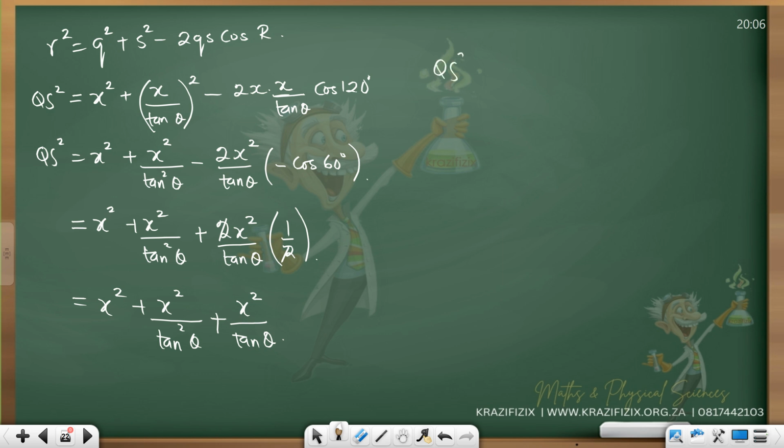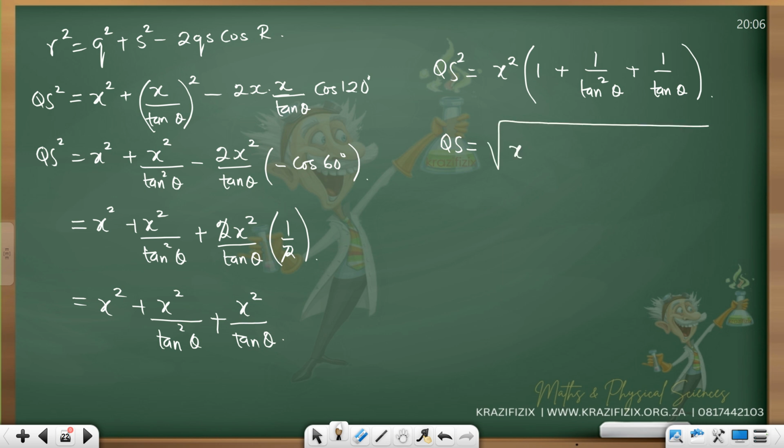X squared is common. Let's pull it out. What are we going to have? 1 plus 1 over tan squared theta plus 1 over tan theta. Let's find the square root of both sides. Oh, I hope we are getting the answer.